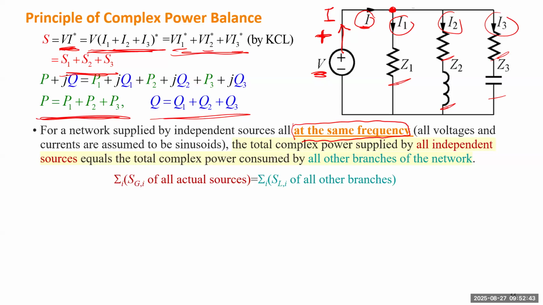When you do the calculation for the others, you use the current going into the positive terminal. That is consistent with our assumption about how we define source or load in the AC circuit. So then this equation will hold.